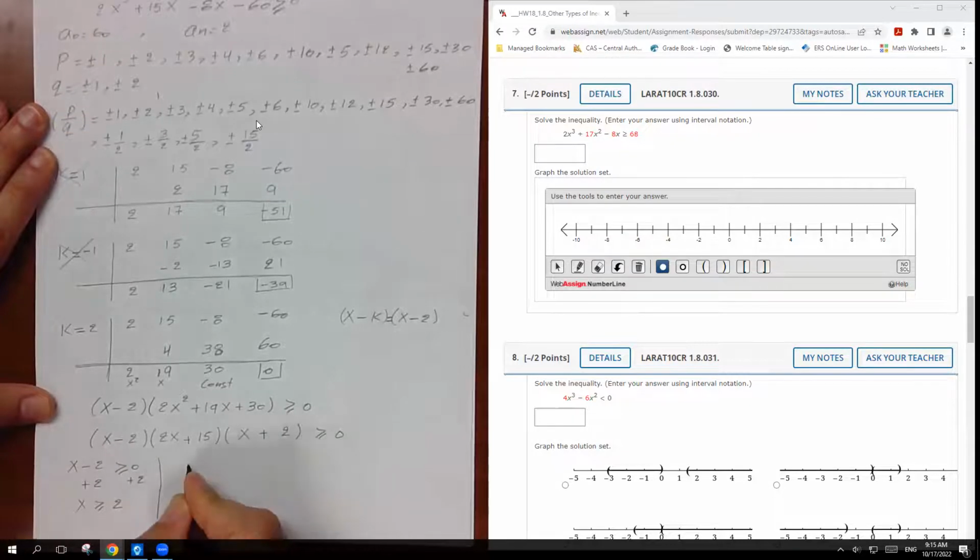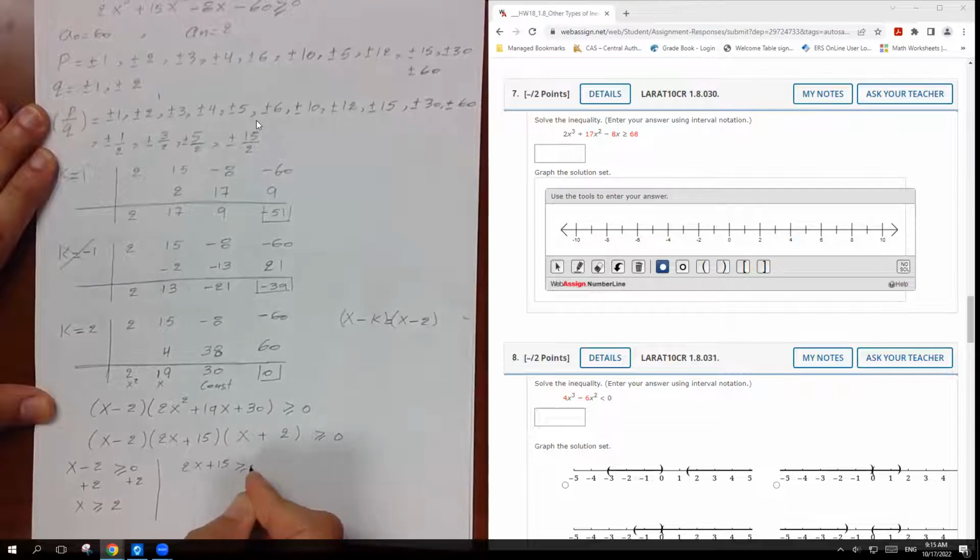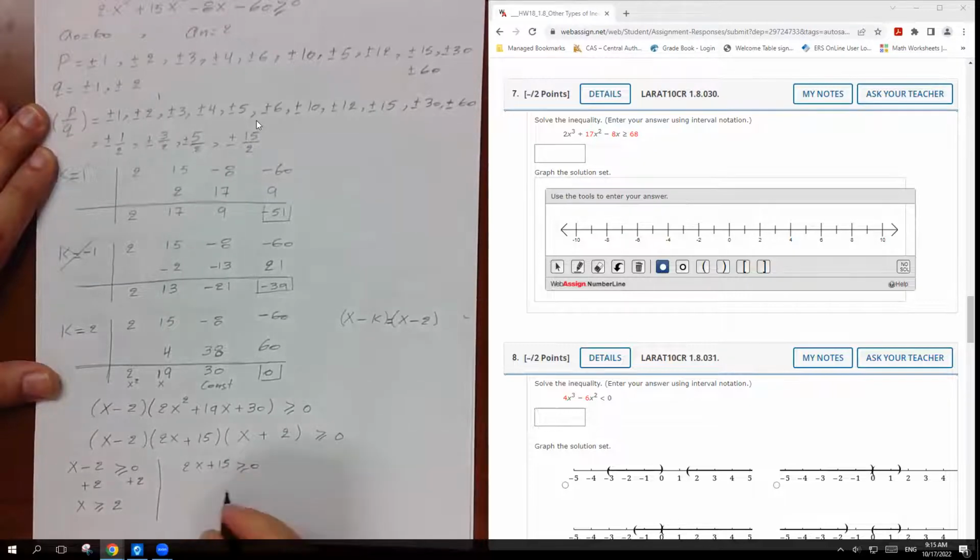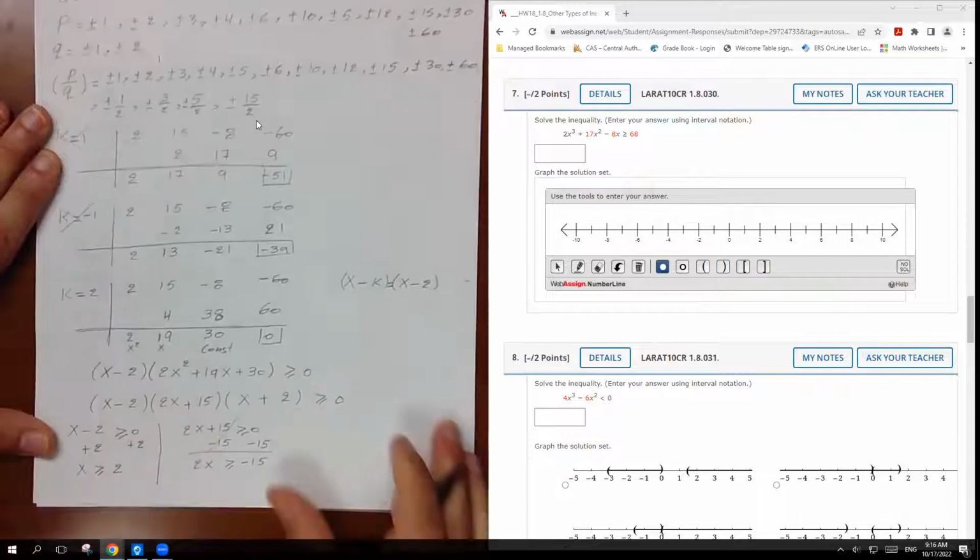The second key is going to be 2x plus 15 greater than or equal 0. You're going to move the 15. Cancel here. So 2x greater than or equal negative 15. Then you're going to divide by 2.